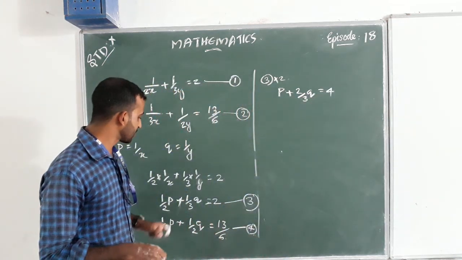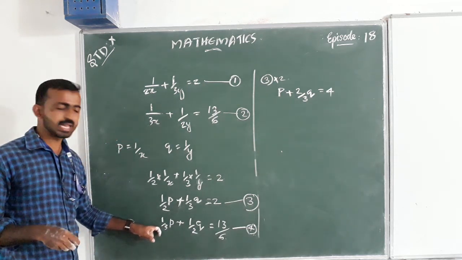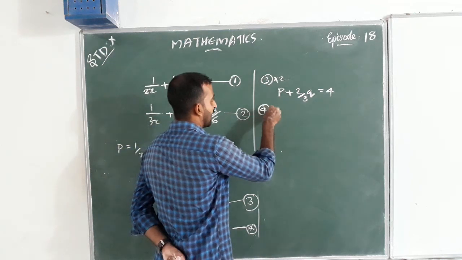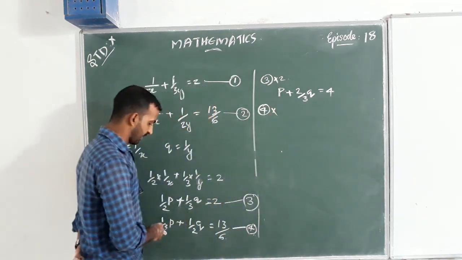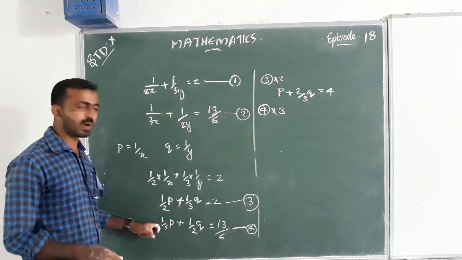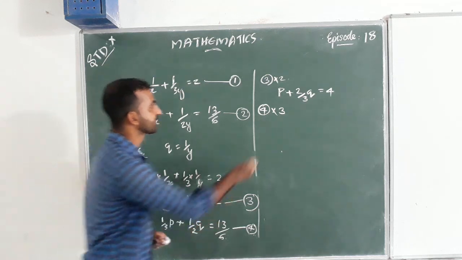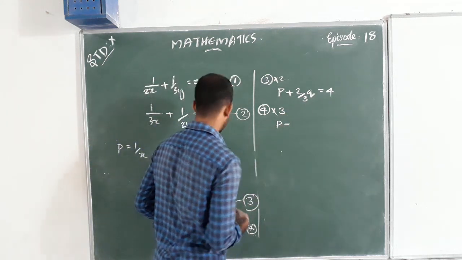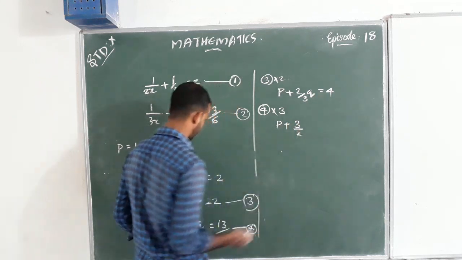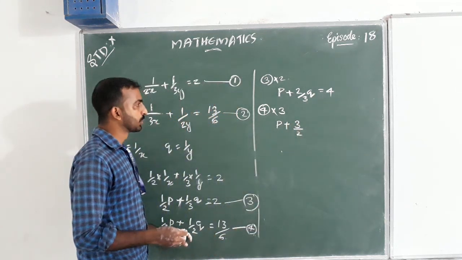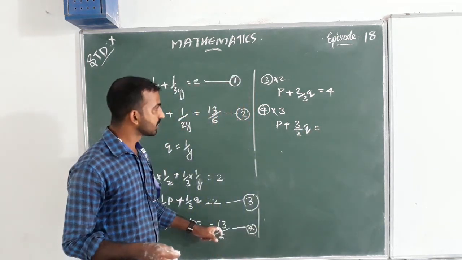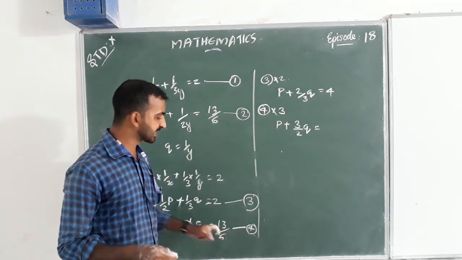Yes. And next one is, we multiply by 3 in equation number 4. Equation number 4 into 3. That is 3 into 1 by 3 we get p, that is p plus 3 by 2q equal to 3 into 13 by 6.